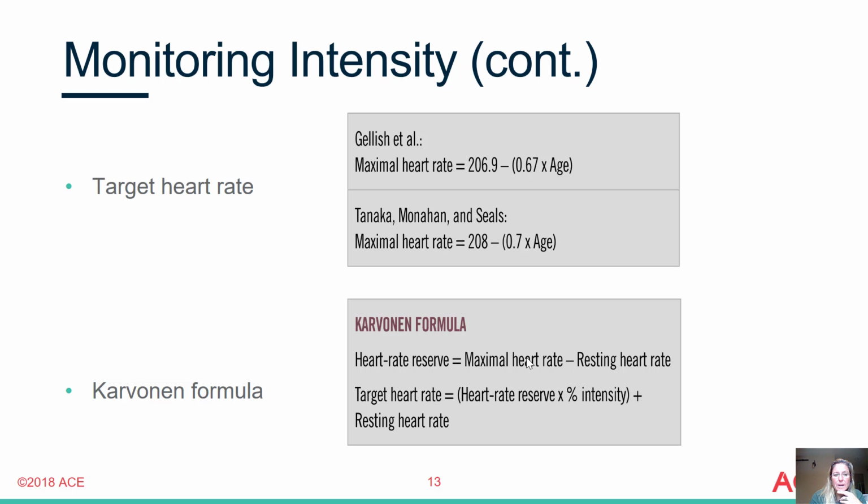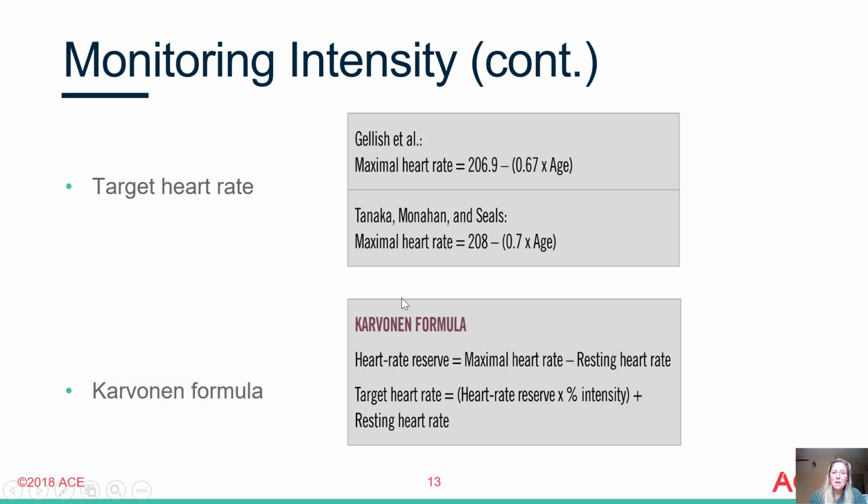As far as target heart rate and the Karvonen method, these are two different ways that we sometimes use to monitor our intensity for cardiorespiratory exercise. These formulas are subject to huge errors in training intensities because the target heart rates are calculated as percentages of predicted max heart rates, which have been shown to have standard deviations of about 12 beats per minute.